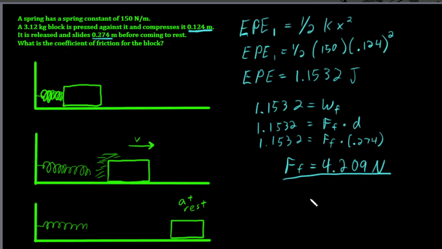I'll need to hang on to that number. Now let's find Fg. Fg equals m times g. In other words, it equals 3.12 times 9.81.